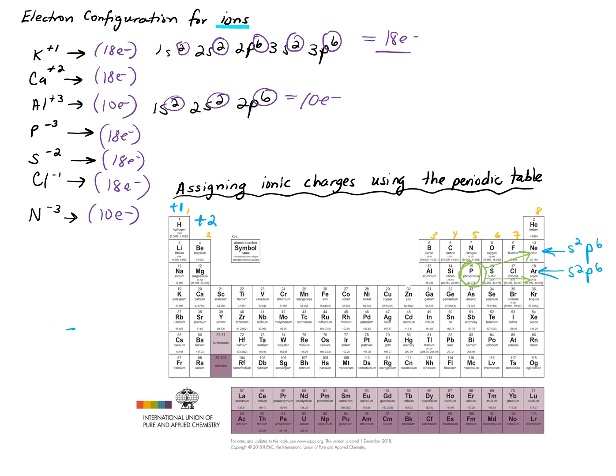When aluminum gives away those 3 electrons, it will go down to 10, which is the same electron configuration as neon. So in group 3, I'm going to put in general a charge of plus 3. That applies for aluminum and gallium. And then we're going to move to the negative part.